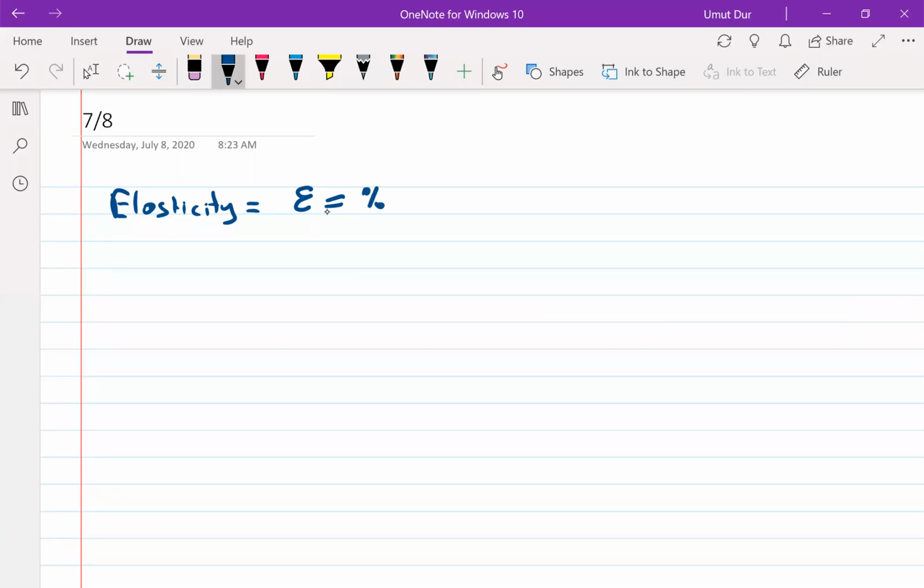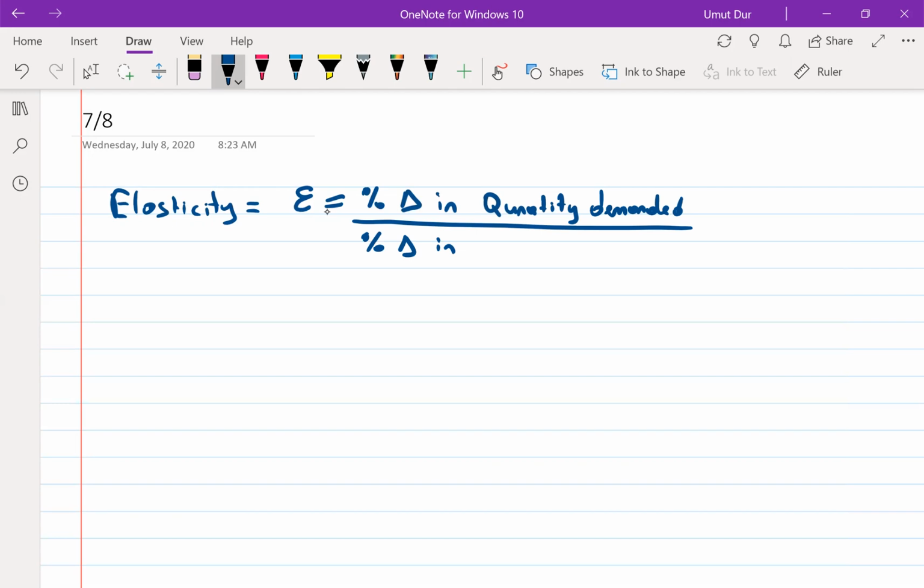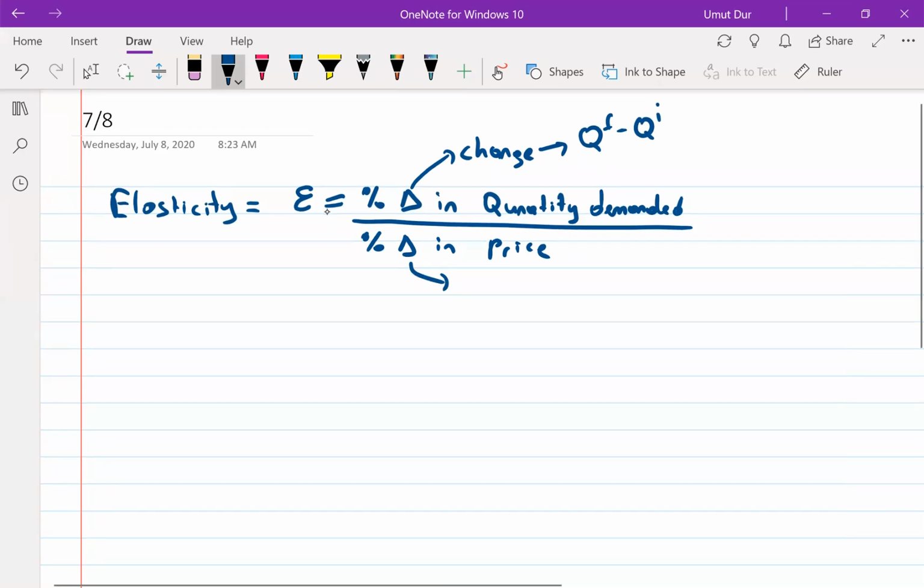the percentage change in quantity demanded divided by percentage change in price. This triangle means change, and it is always quantity final minus quantity initial, and here price final minus price initial.